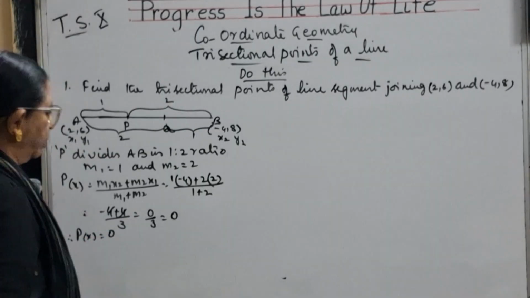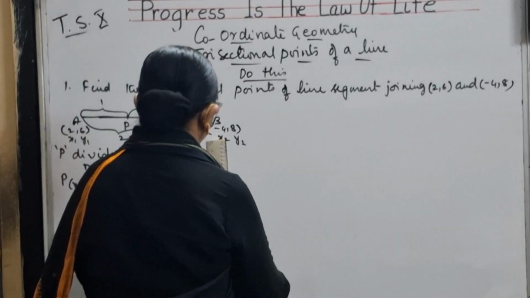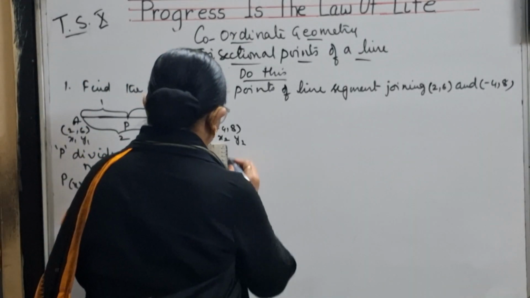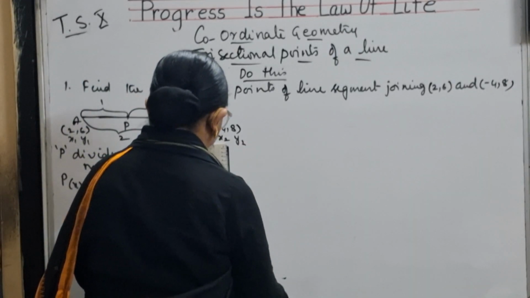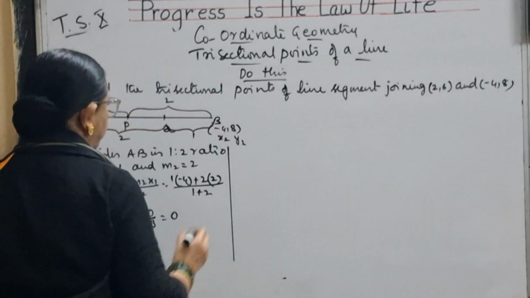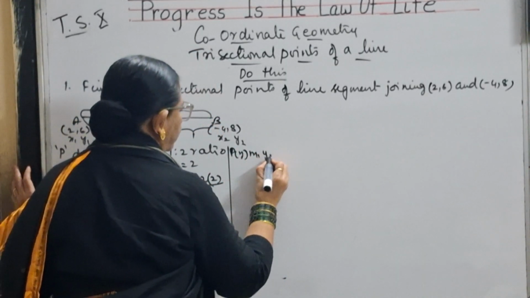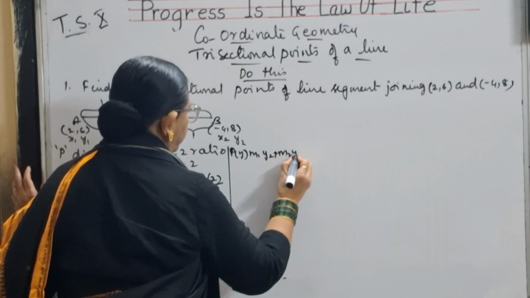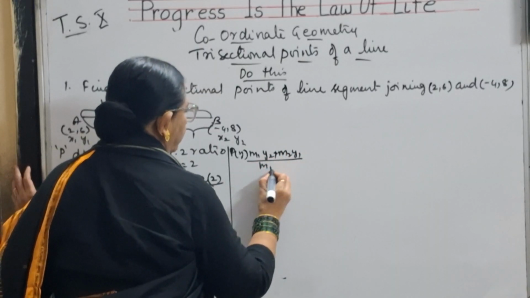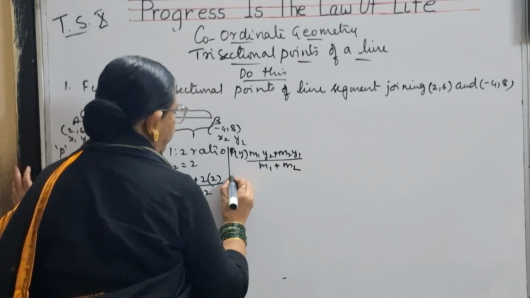Now, let us go for P of y. P of y is (M1 y2 plus M2 y1) by (M1 plus M2).